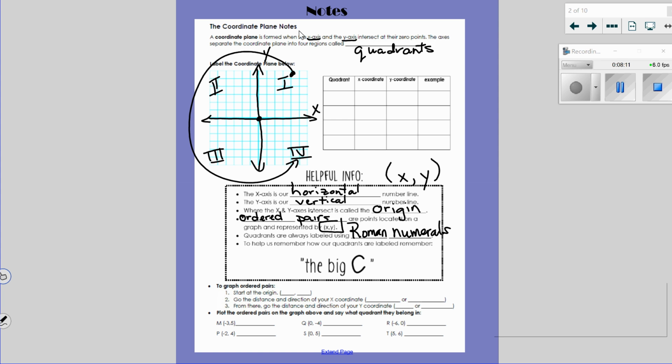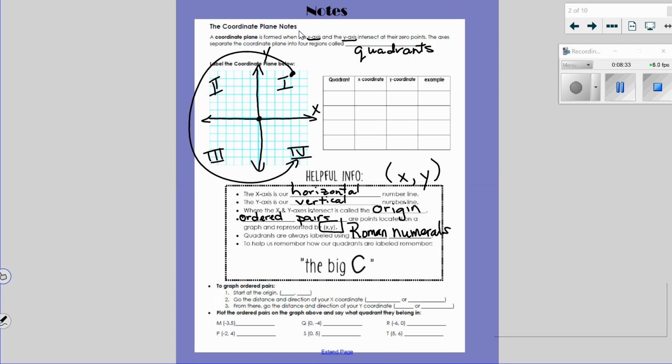I have my 4 quadrants, 1, 2, 3, and 4. But I also have 2 additional pieces, don't I? I have my x-axis going left to right, and I have my y-axis going up and down. So those 6 pieces give me how I'm going to position anything within our coordinate plane.